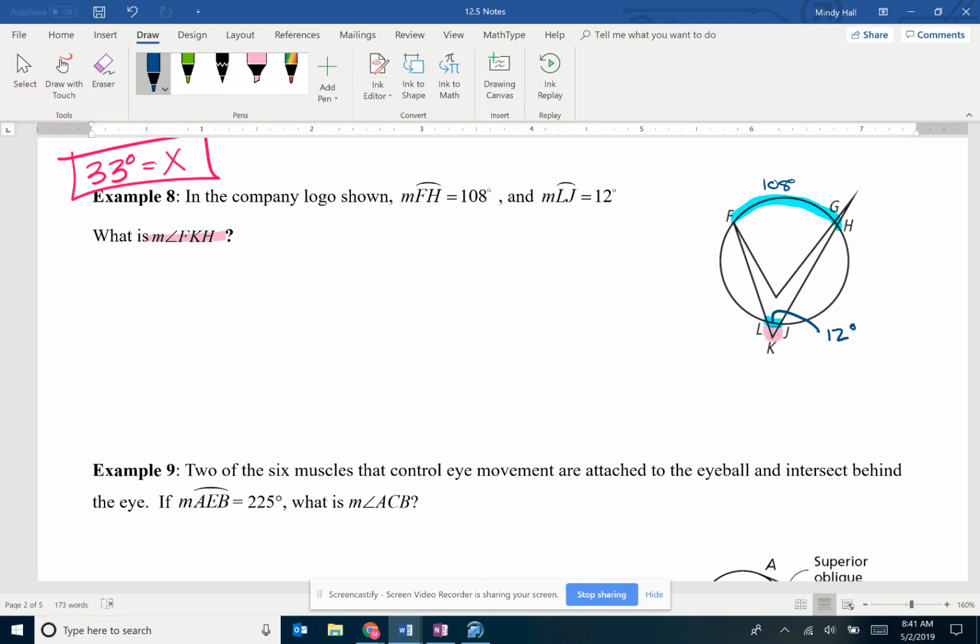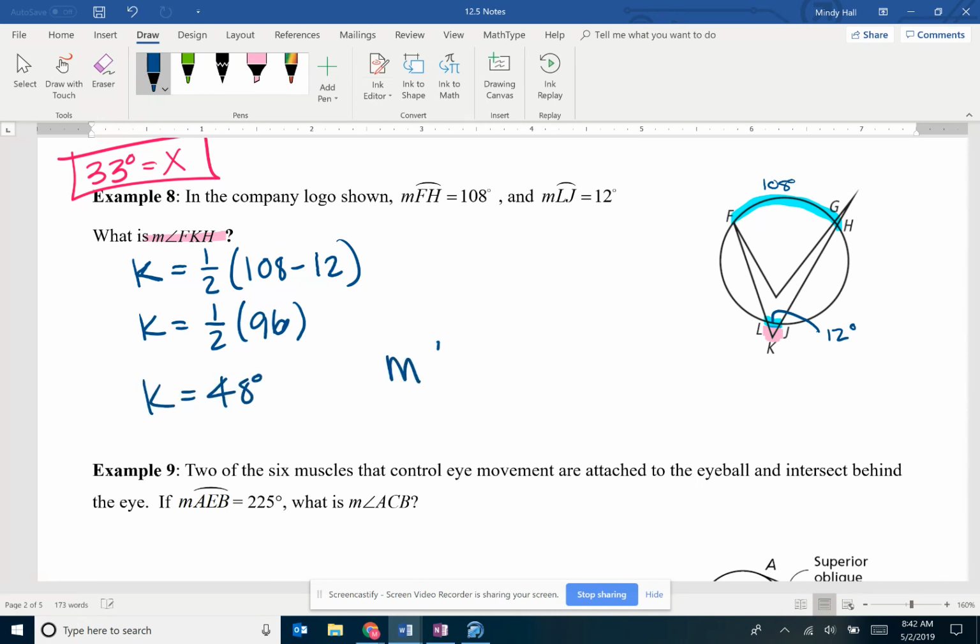So because we're looking for an angle outside the circle, we know we're subtracting the arcs and taking half of it. So I will personally just abbreviate FKH as just K, because K is the vertex. So K is 1/2 of 108 minus 12. 108 minus 12 is 96. And then half of 96 is 48 degrees. So if you want to write it, measure of FKH is 48 degrees.